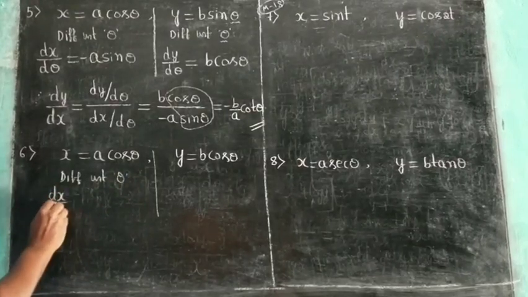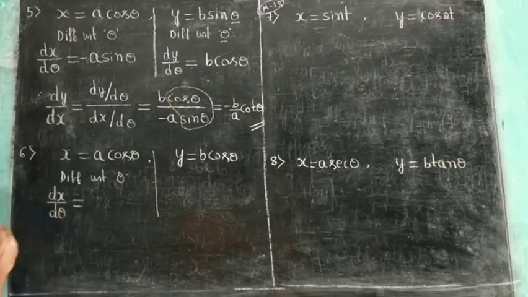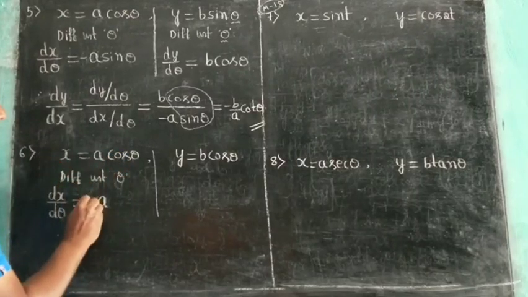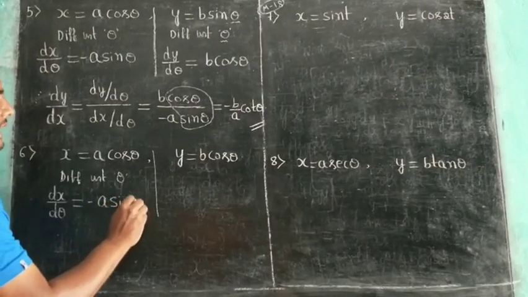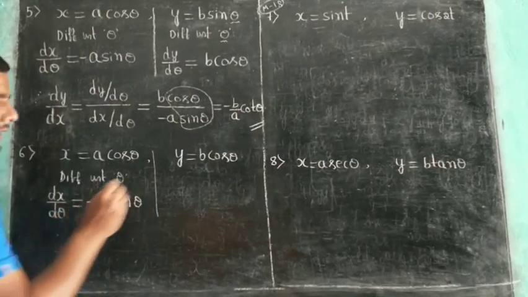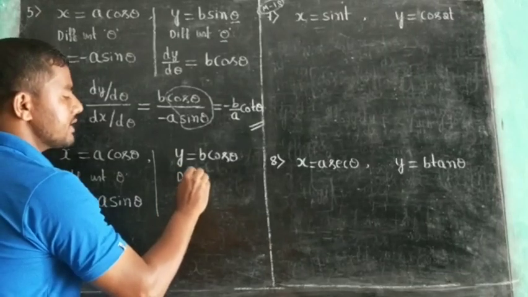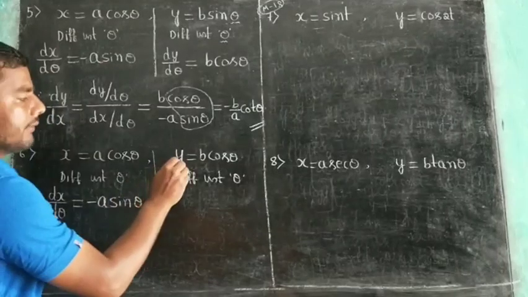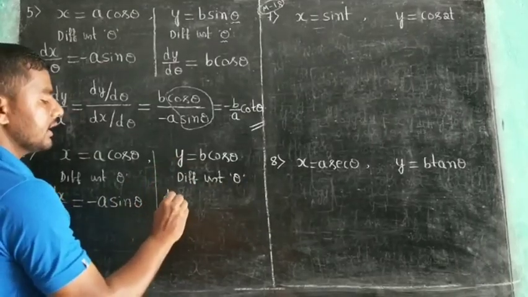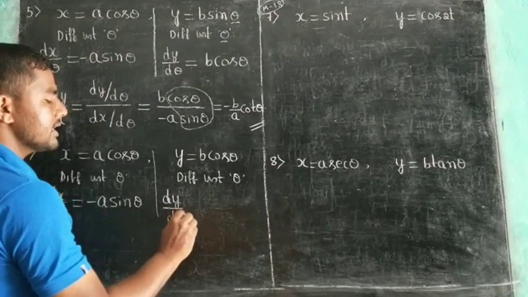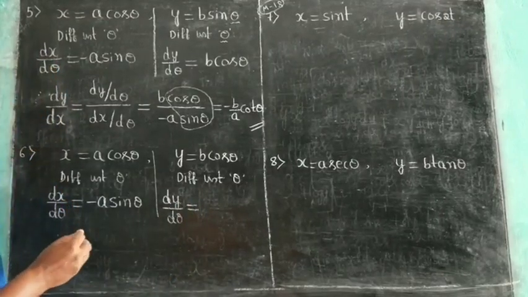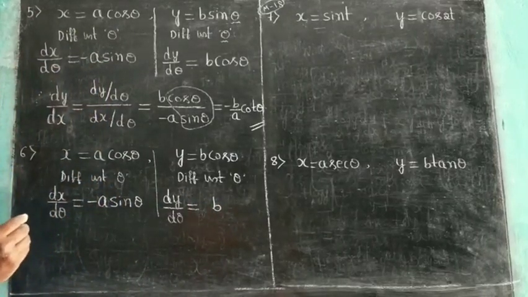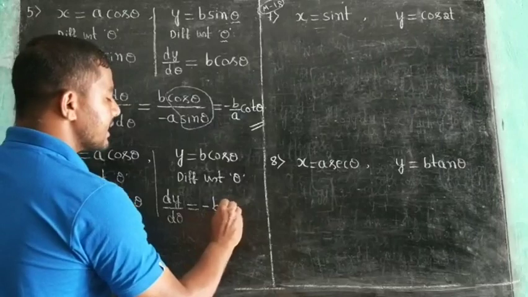Then dx divided by d theta is equal to, here the derivative of cos theta with respect to theta is minus sin theta, and then here also differentiate with respect to theta, the derivative of y with respect to theta is dy divided by d theta is equal to keep b as it is, the derivative of cos theta is minus sin theta.